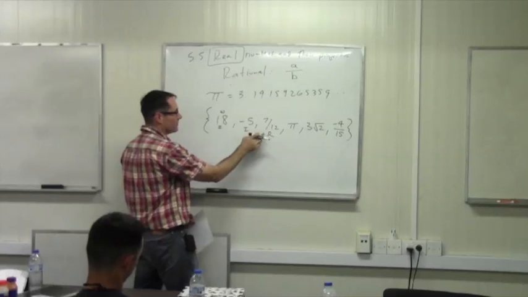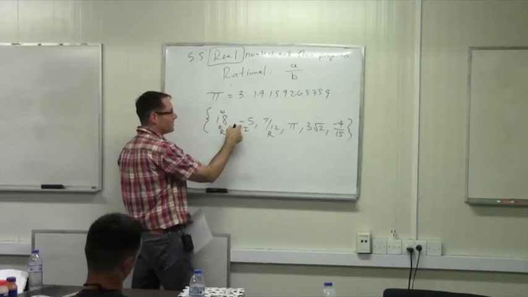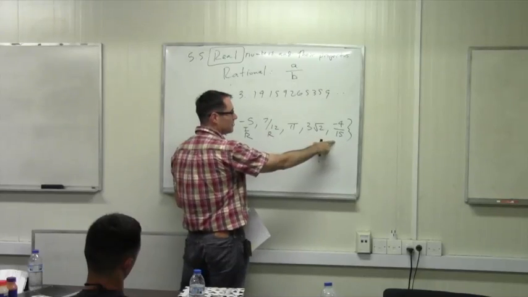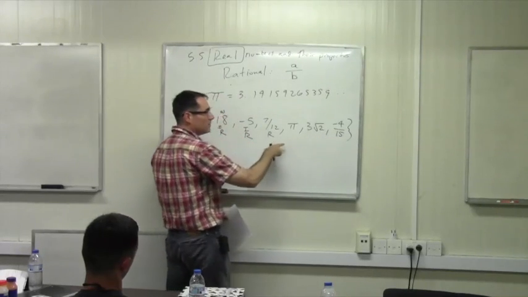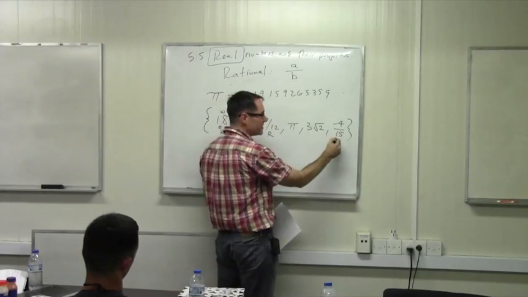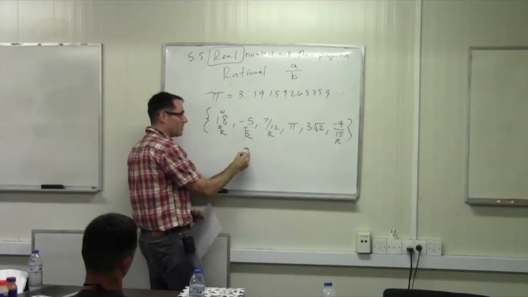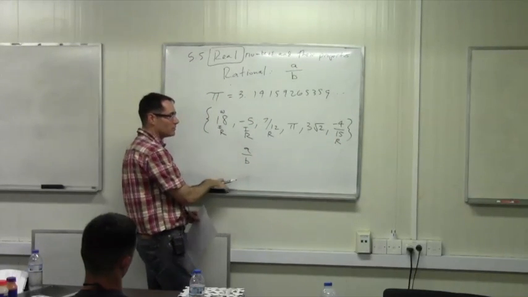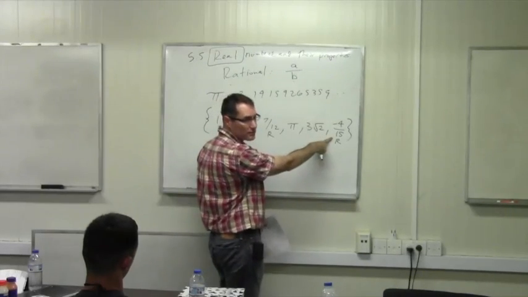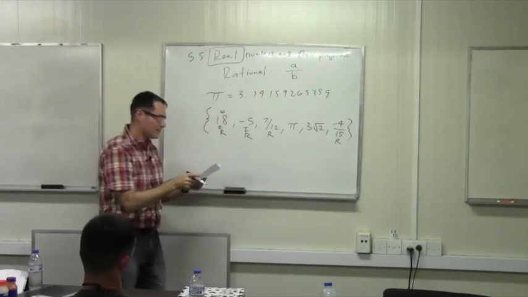So negative 5 is also rational. Any of the others? Negative 4/15 is rational. Does it fit in the form a over b? Yes. And is 15 not equal to 0? Yes.